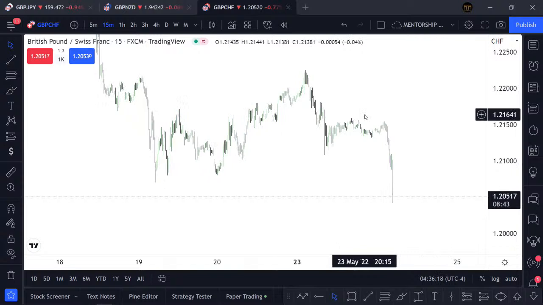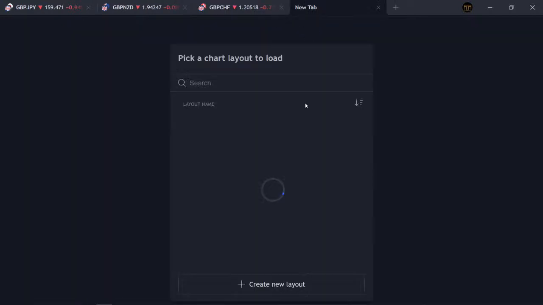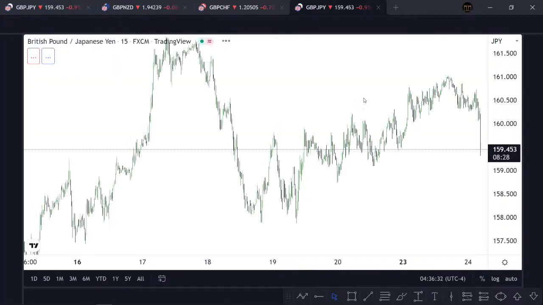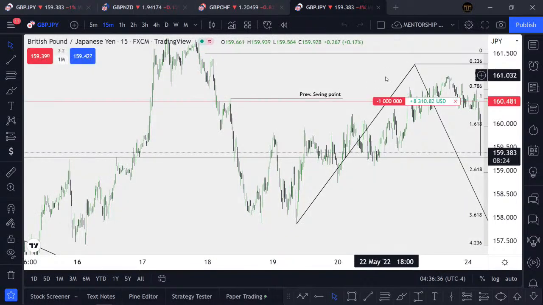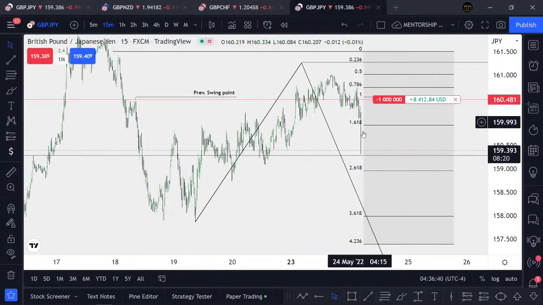Let's look at the euro cross. Okay, I will be more interested in this pair.